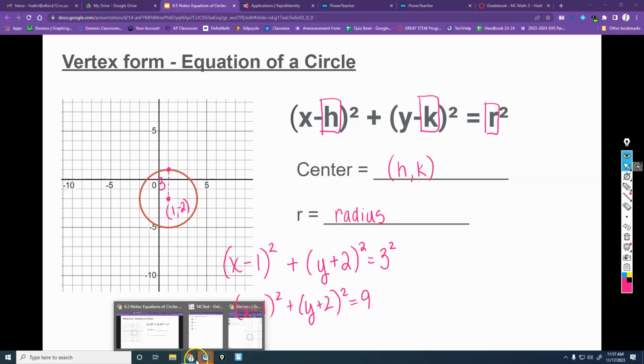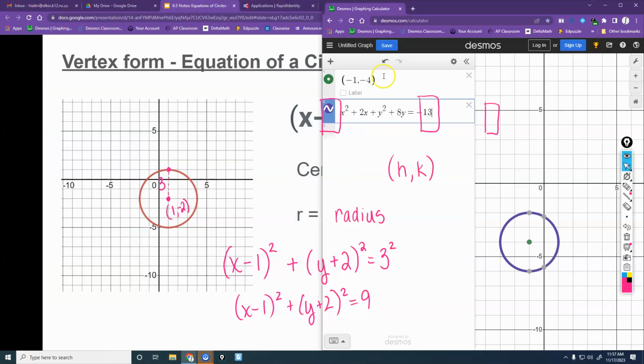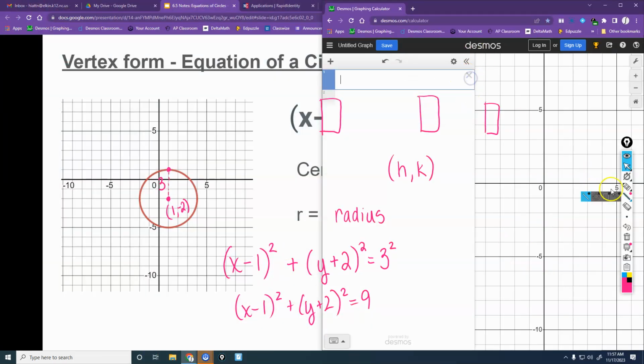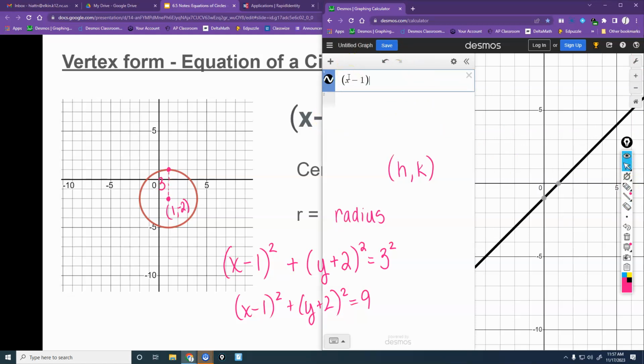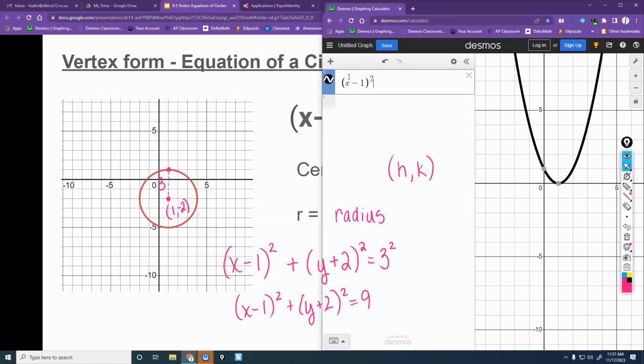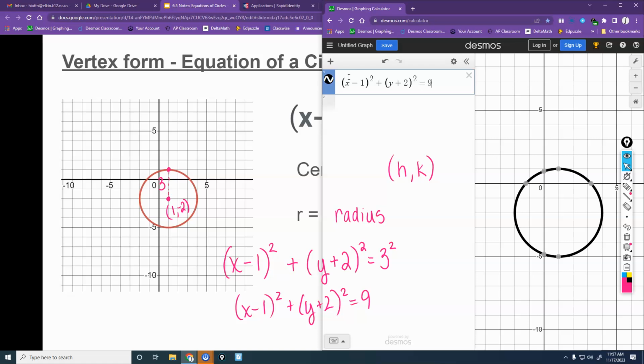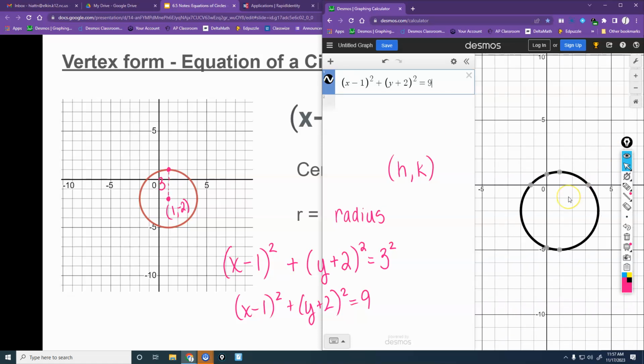So, for example, on this one, if I pull up Desmos here, and let me erase this, just type in what I got there. I got x minus 1 squared plus y plus 2 squared equals 9. And I get this graph right here.